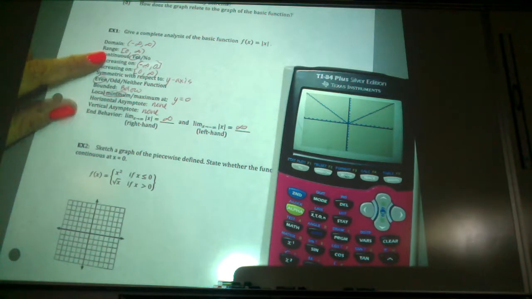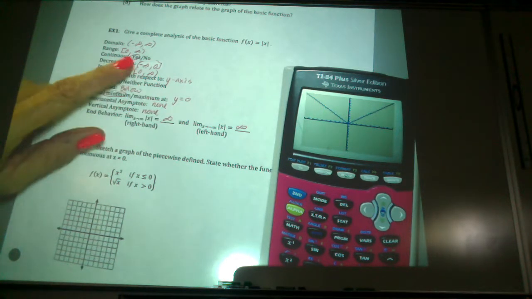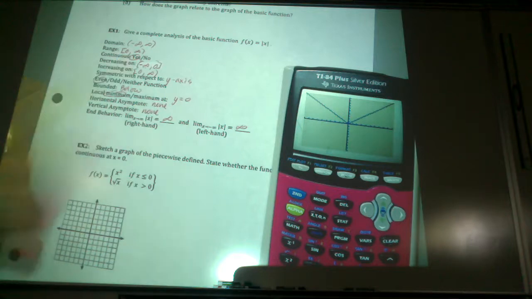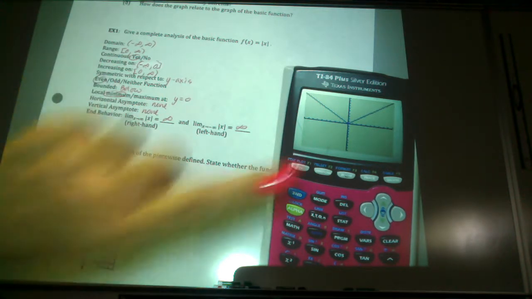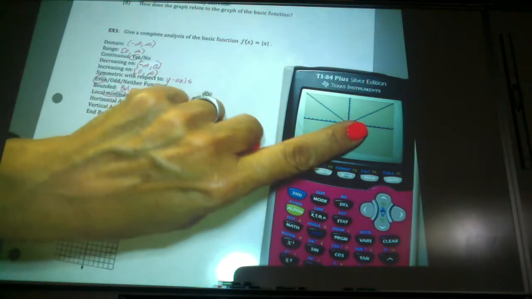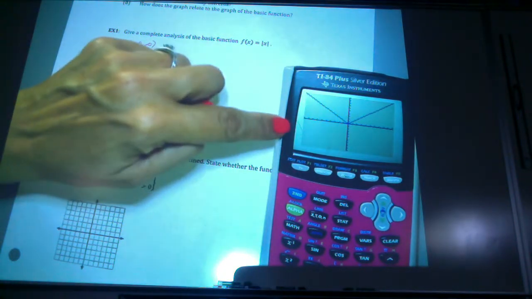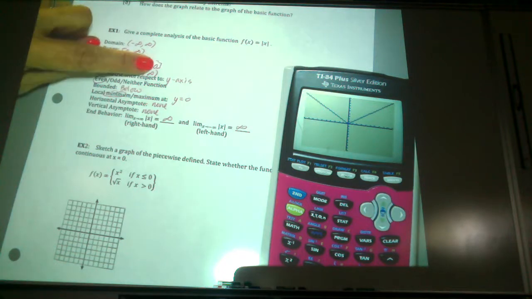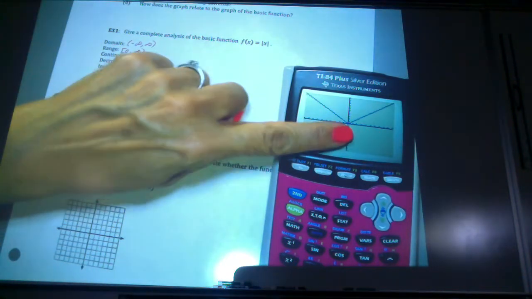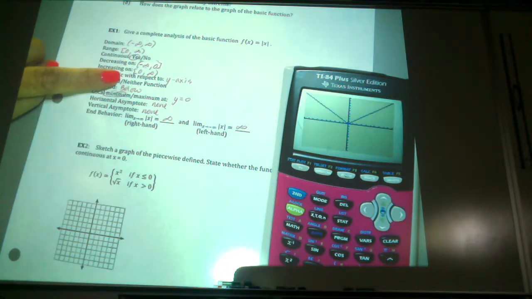The y value is 0, and that's where your range starts, from 0 to positive infinity. It is decreasing as we go from left to right. At negative infinity, we go top down, which means it's decreasing. So from negative infinity to 0, it's decreasing. Then from 0 to positive infinity, it's going from bottom up, so it's increasing.